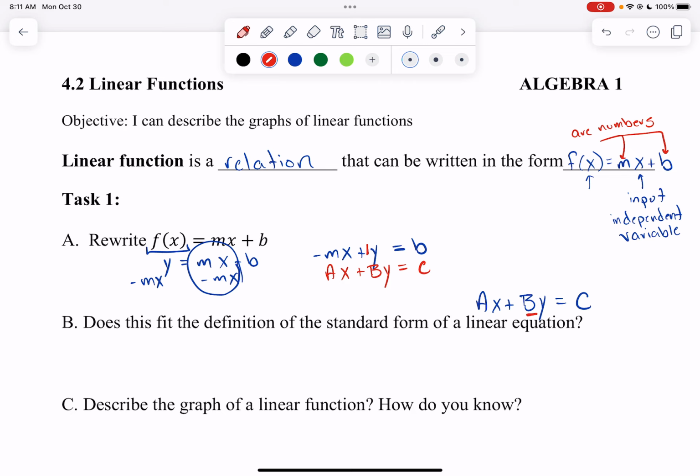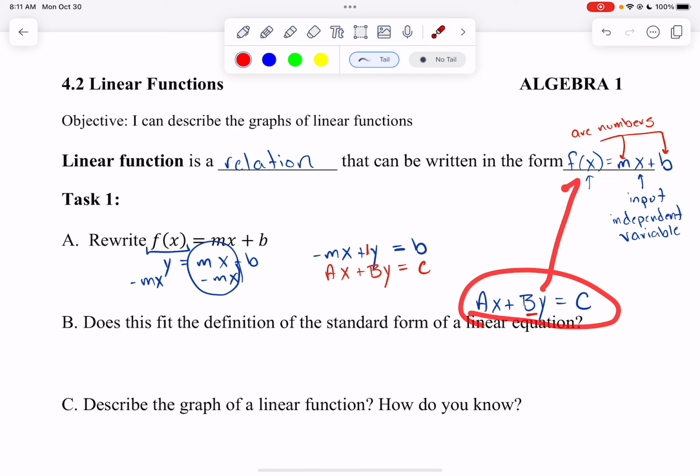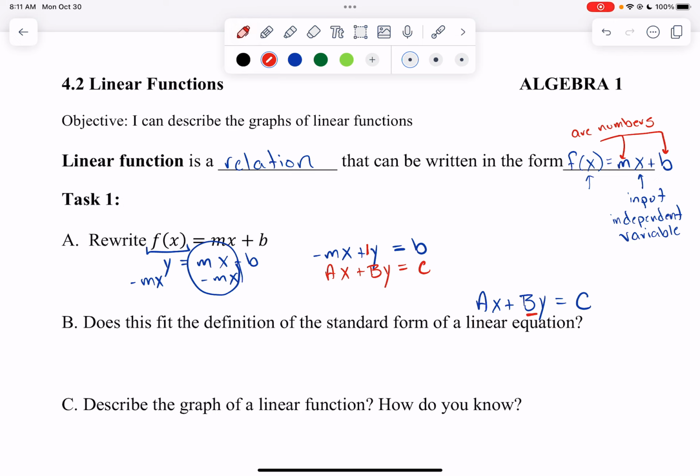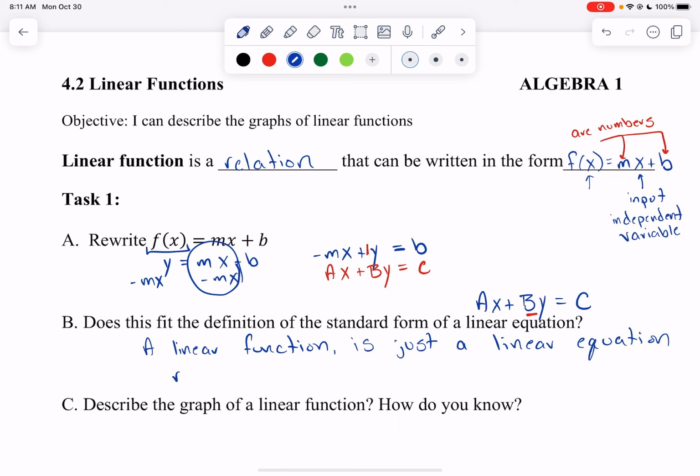So basically a linear function is me taking a linear equation and writing it in function form. A linear function is just a linear equation, which we did in chapter 3, written in function form.